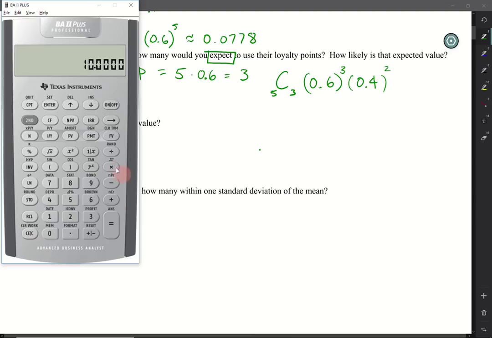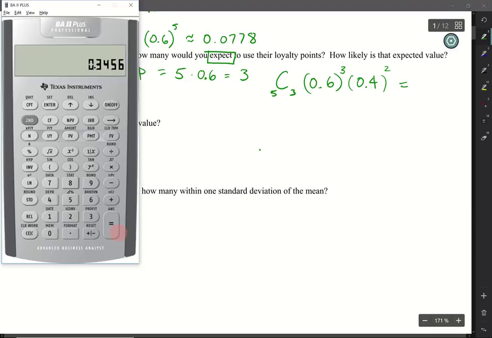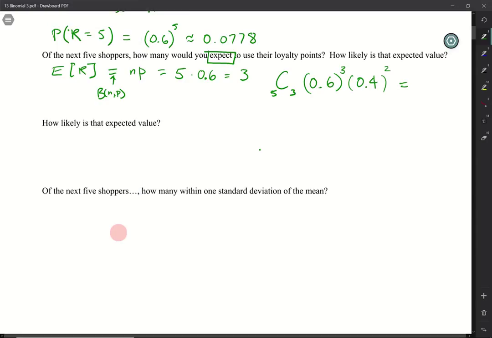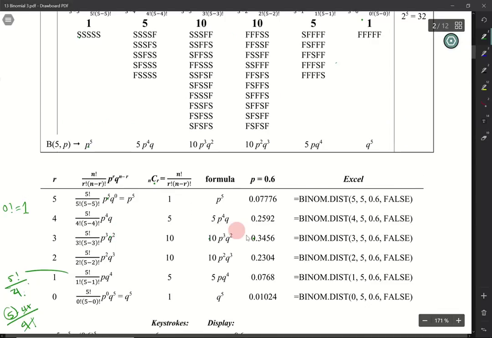So I can recall the stored value, I bring that out, and we get this. 0.346, right? So that's actually what we did.